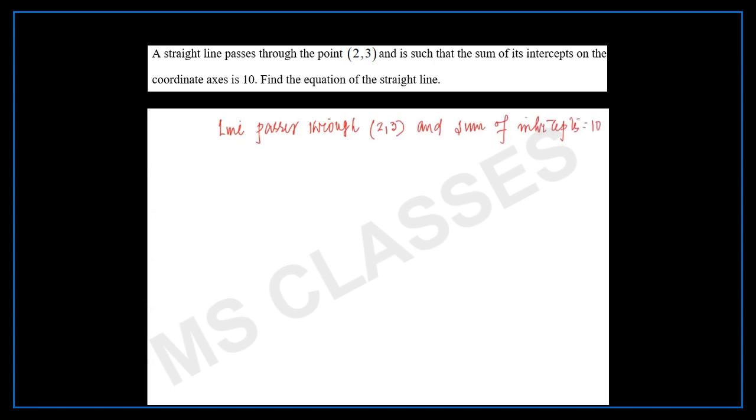Since it is given in the question the sum of the intercepts, we will try to take the line in the intercept form. So we translate this information into Cartesian form.